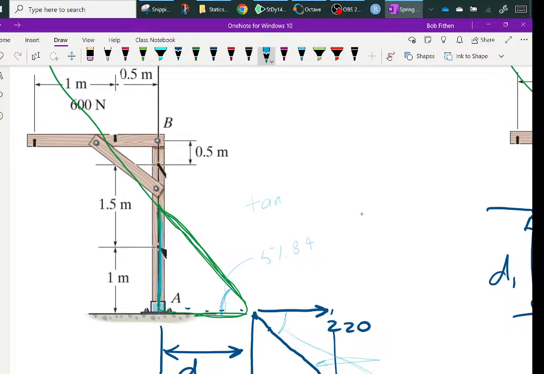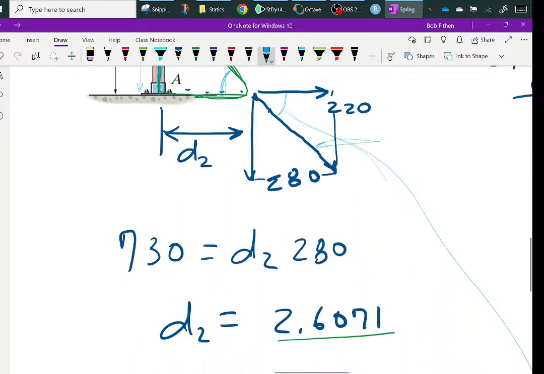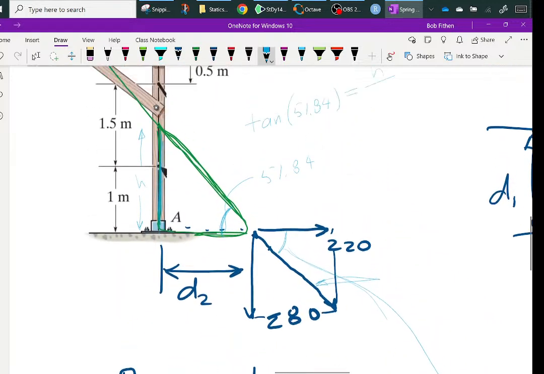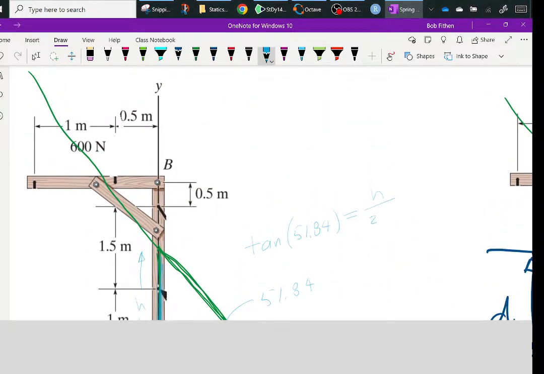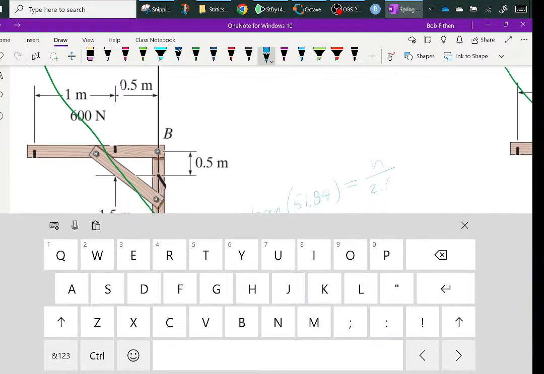The tangent of 51.84 is equal to h over 2.6071. I'll call it h because I'm not going to assume that it's the same distance.